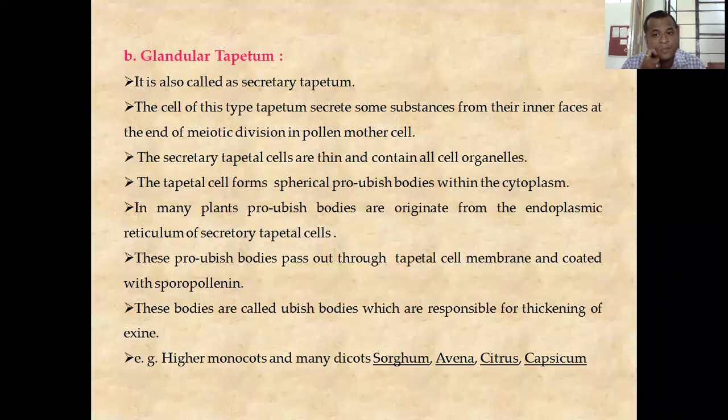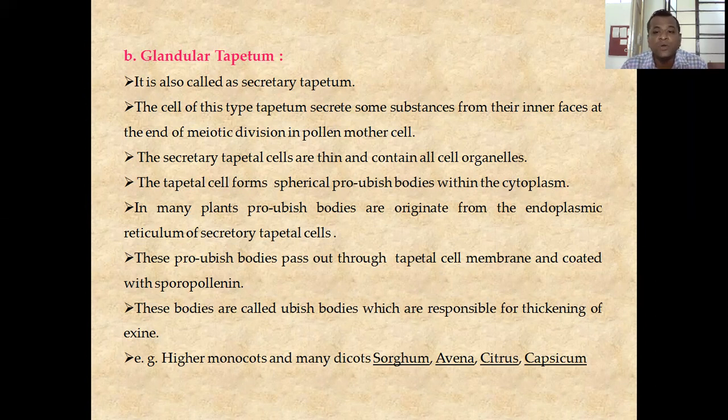The next type of tapetum is glandular tapetum. It is also called secretory tapetum. The cells of this type of tapetum secrete some substances from their inner faces at the end of meiotic division in the pollen mother cell. The secretory tapetal cells are thin and contain cell organelles. The tapetal cell forms spherical Ubisch bodies, or pro-Ubisch bodies, within the cytoplasm.